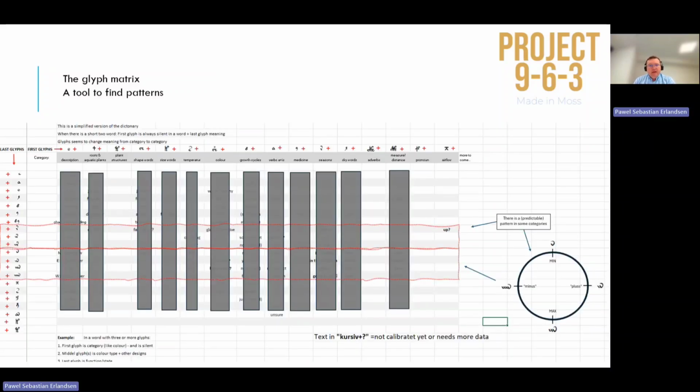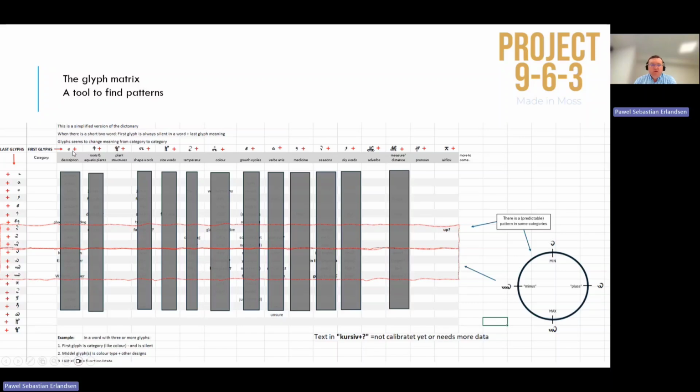And basically in the model there is a behavior pattern that is used, and when you have identified a category like description, the first glyph turns silent in this model.